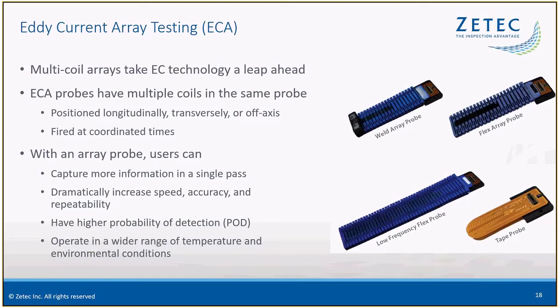You end up with fairly high confidence that you've gotten full coverage, and it gives you a high probability of detection. That goes along with the repeatability between inspectors. Taking the human element of someone trying to scan with a small coil, you get a lot of variability in the results; here, there's a lot less variability. And with eddy current, you can operate in a fairly high range of temperatures and environmental conditions.